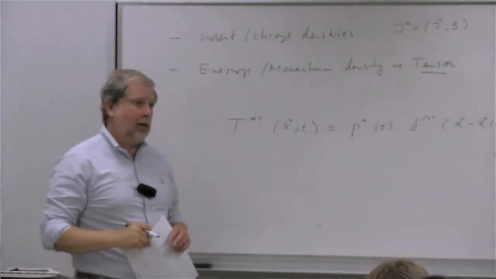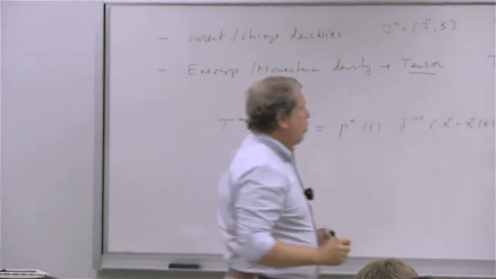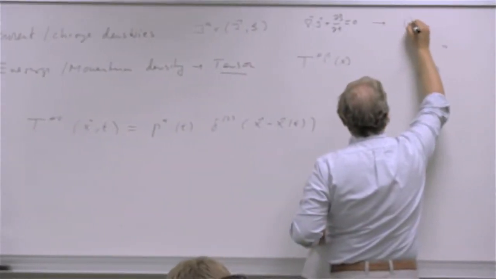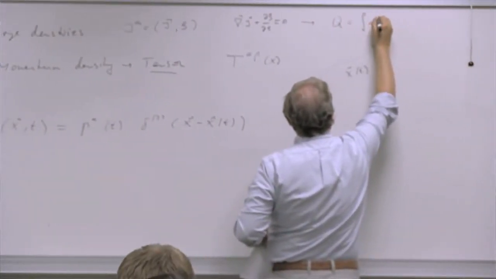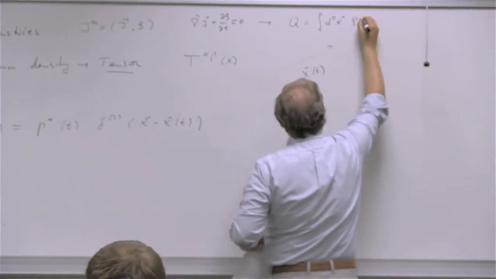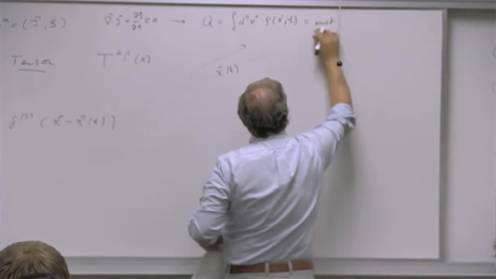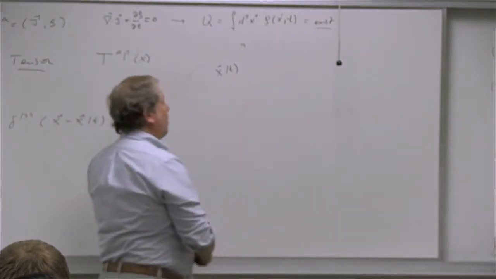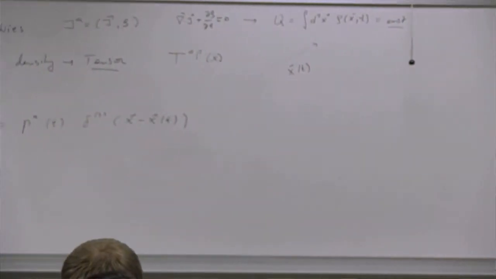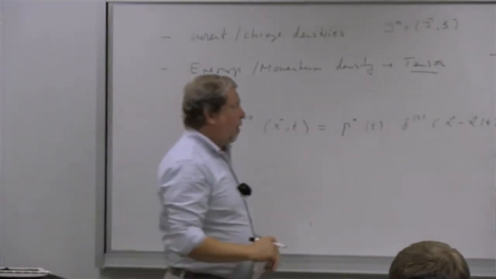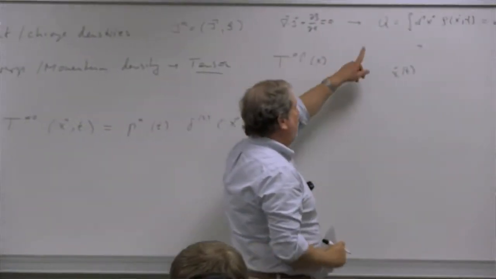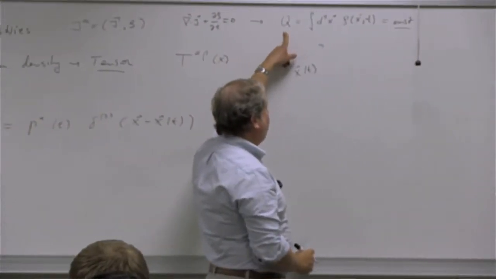You can derive that there is a conserved quantity, right? You derive that there is a conserved quantity, which is Q, which is the integral in d3x of rho of x and t, right? This is a conserved quantity. It's a constant which does not vary in time, right? And that is proven by exactly using the continuity equation, because you act with the time derivative on this.